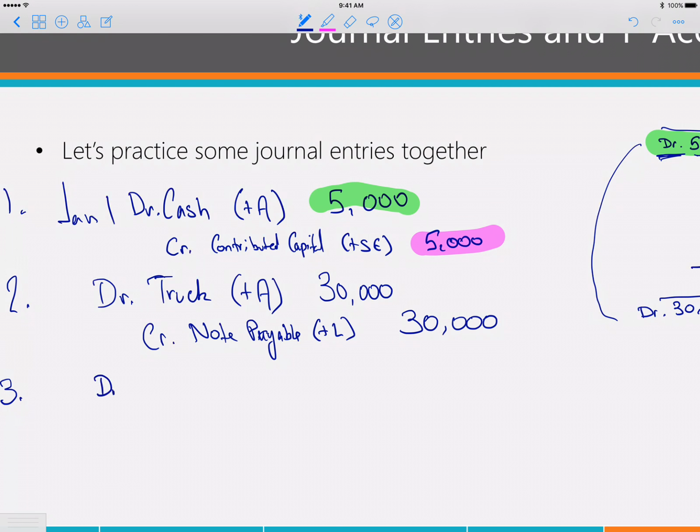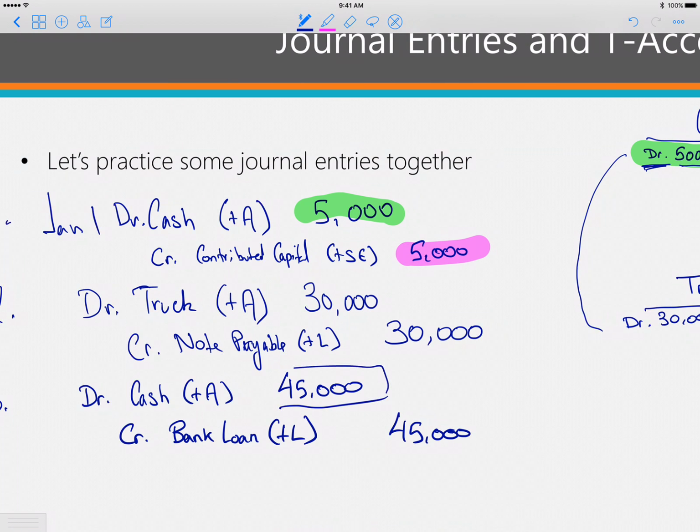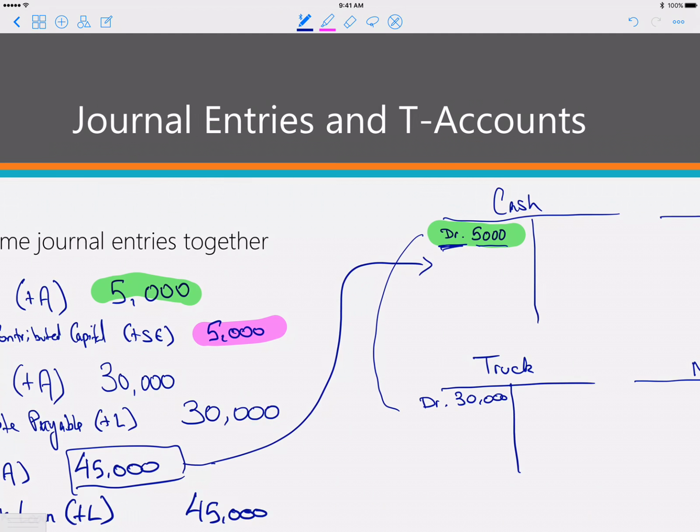So we debit cash because the company received cash for the bank loan. So $45,000 of cash was received. And we got this in exchange for a bank loan. So the liability increases. It is a credit. So an increase to liabilities of $45,000. So the $45,000 here of cash is going to go up to our cash T account.